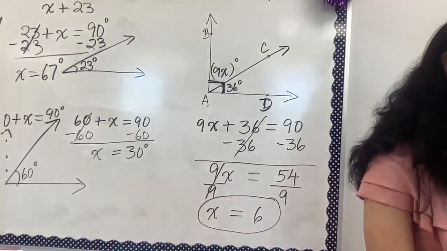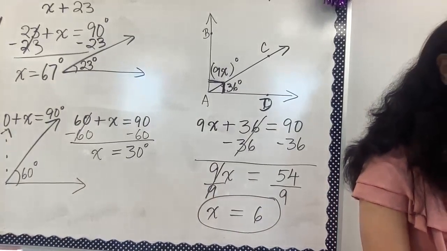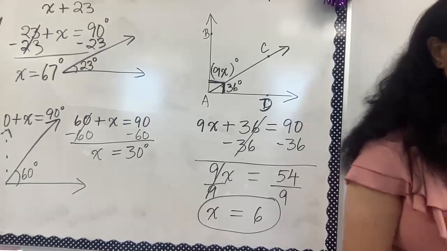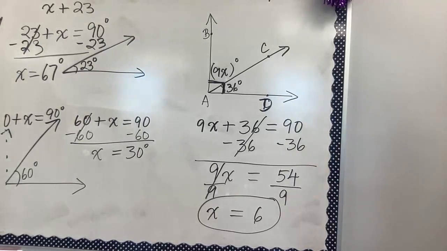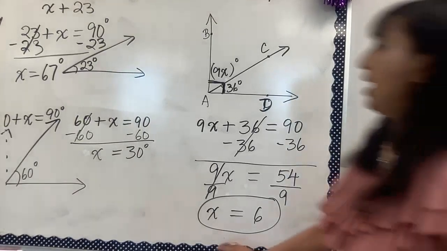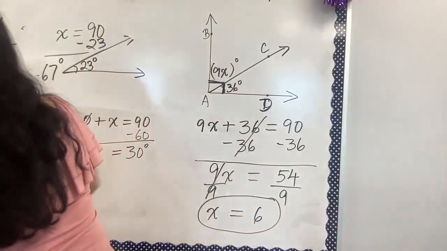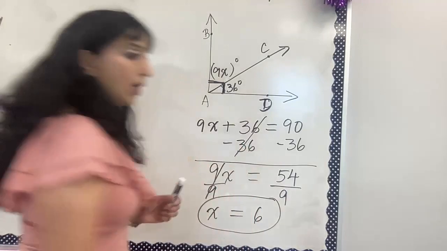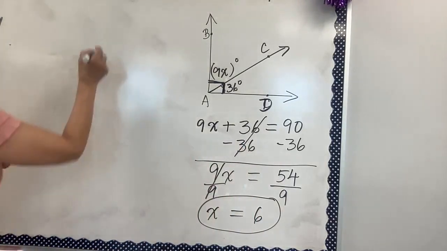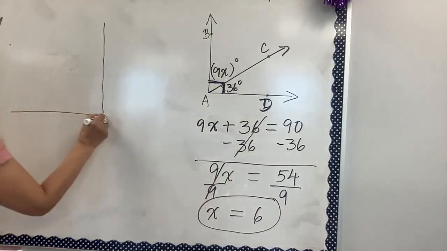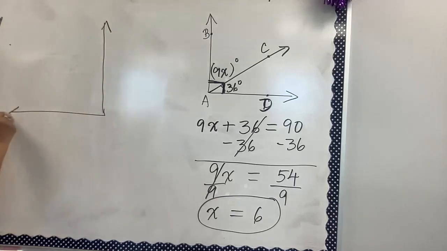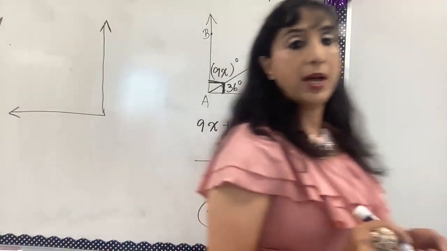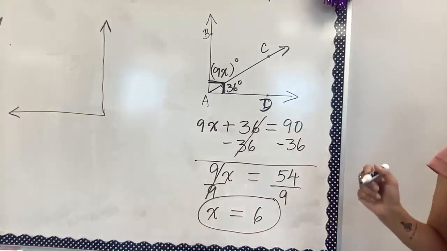Now let's go ahead and do another one, maybe, before we identify supplementary. Let's say I give you another problem, and I'm going to just make it backwards, and it doesn't matter.